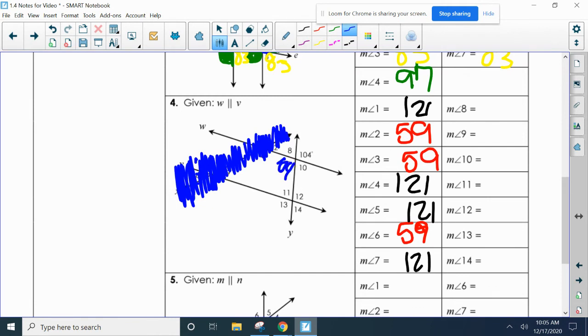So 9 is 104. 9 is underneath its line on the left of the transversal. 13 is underneath its line on the left of the transversal. So they are corresponding angles. So 13 is also 104.